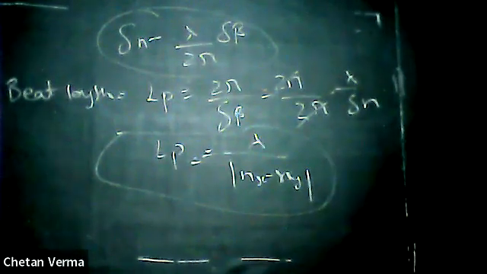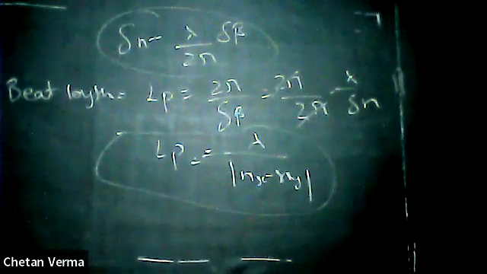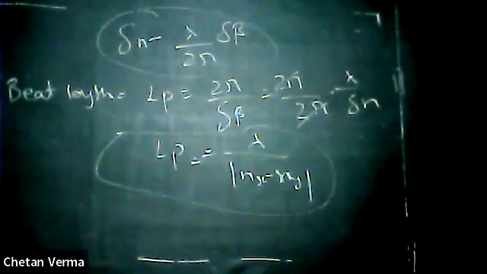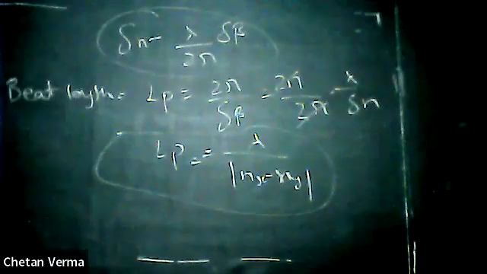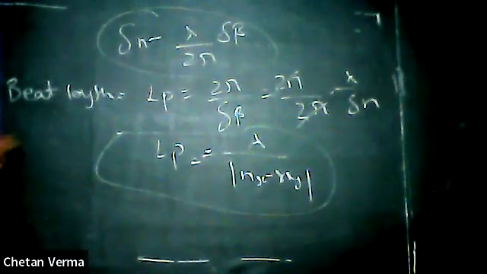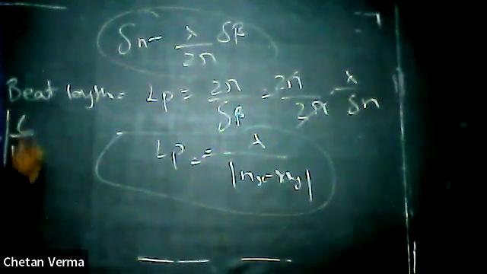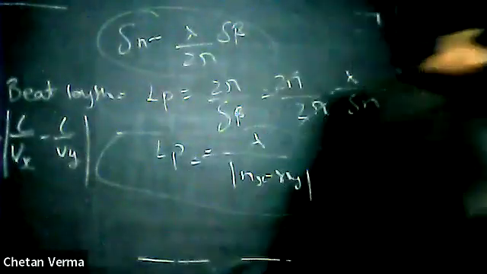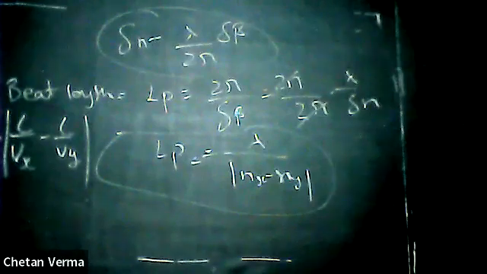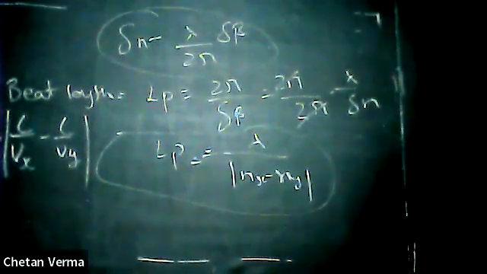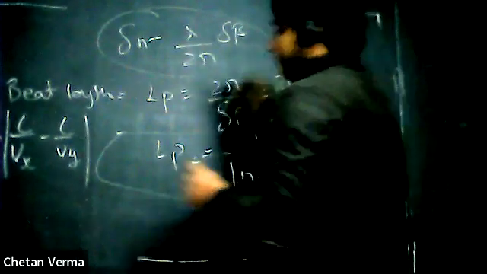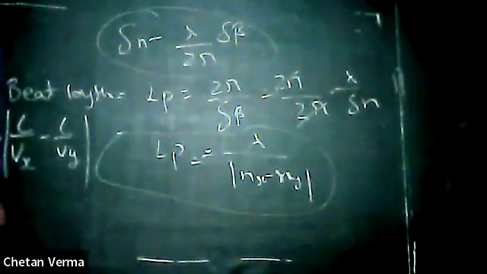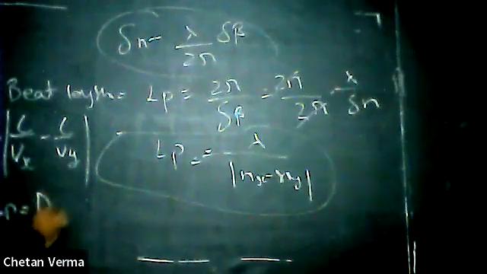According to this expression, I have to define the pulse broadening for the polarization mode dispersion parameter, delta T PMD, equal to L by Vx minus L by Vy.